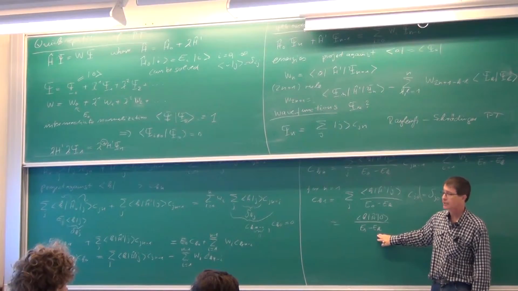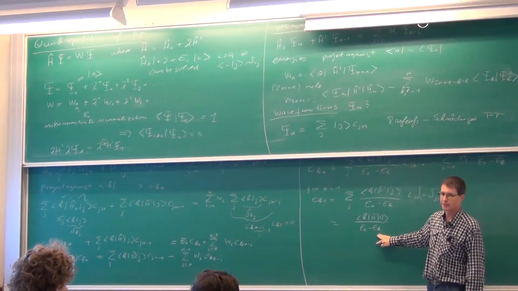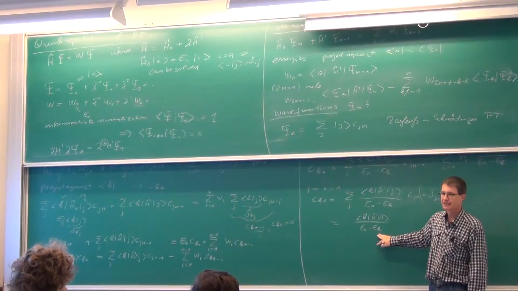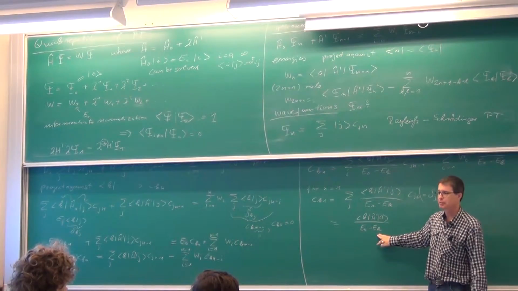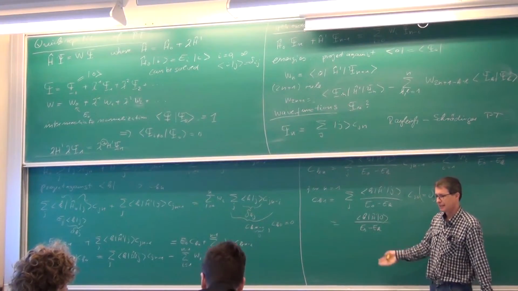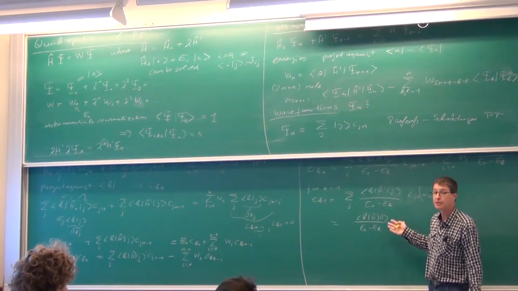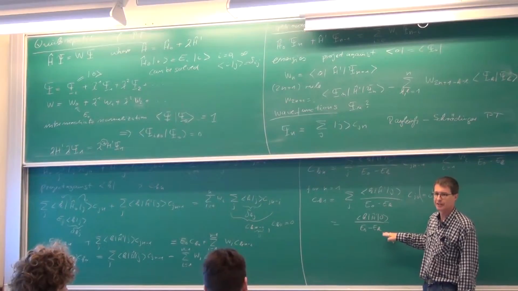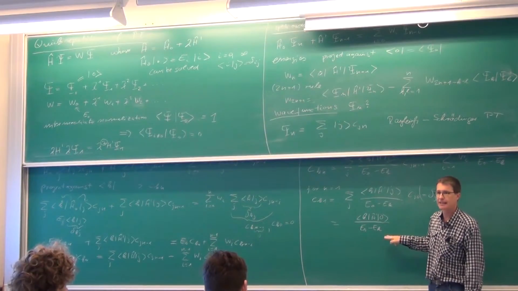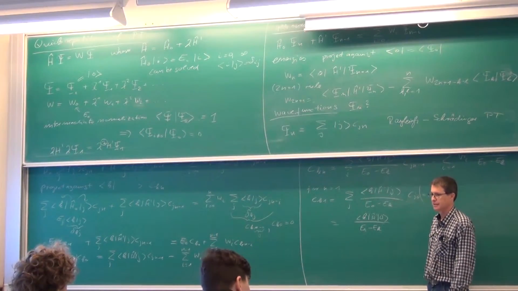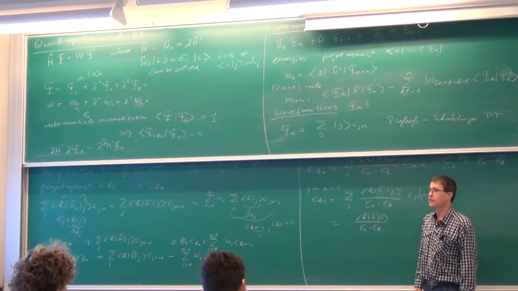So this is actually non-degenerate perturbation theory. If you have a reference state, the unperturbed state which you want to correct because of the perturbation, and that state is degenerate, you have to use a different kind of perturbation theory. There's degenerate perturbation theory where you can handle that problem, but this is for non-degenerate states.